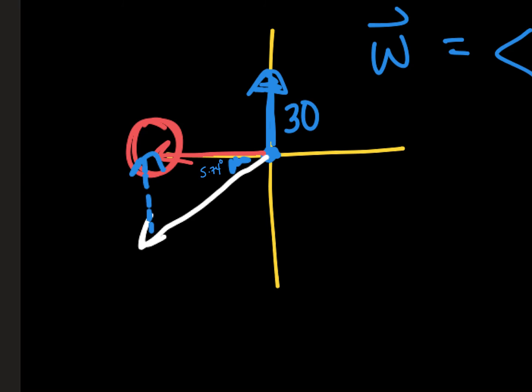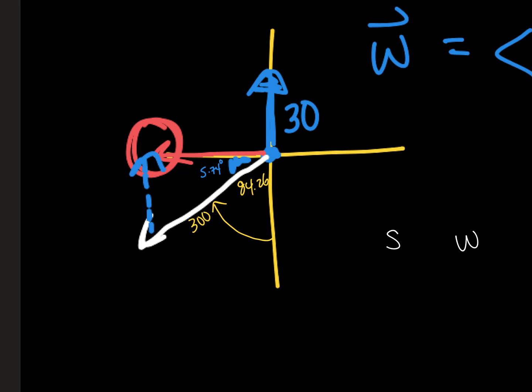And the question is asking us for our bearing. So we're in the southwest quadrant. Okay, so we need to figure out how far we rotated from south to get to the resultant vector, which is 90. Okay, so 90 minus 5.74 gives me that this is 84.26.